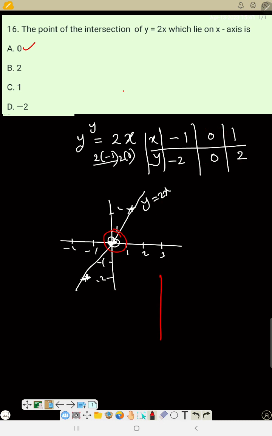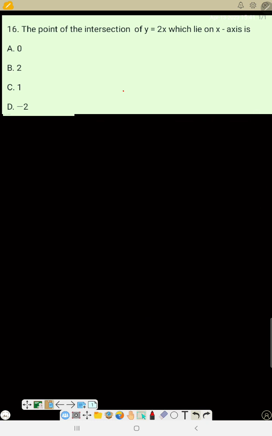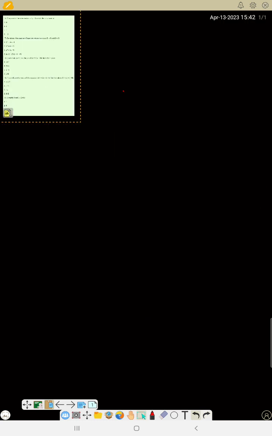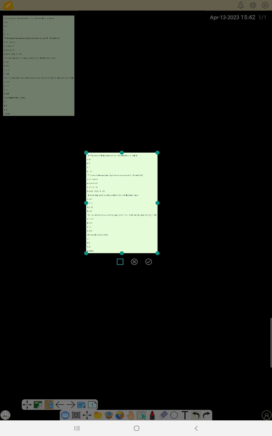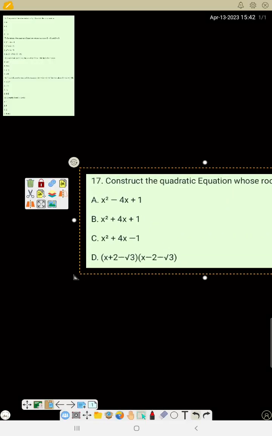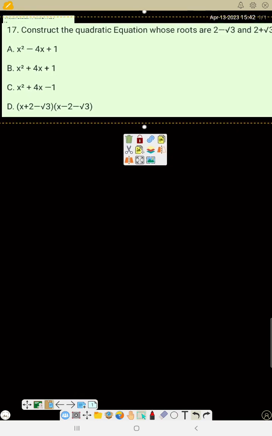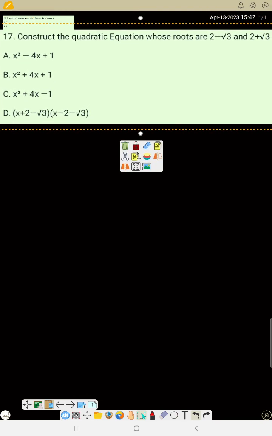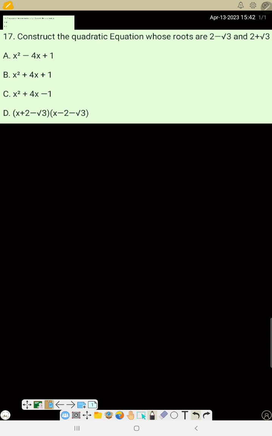So now number 17. Construct the quadratic equation whose roots are 2 minus root 3 and 2 plus root 3.